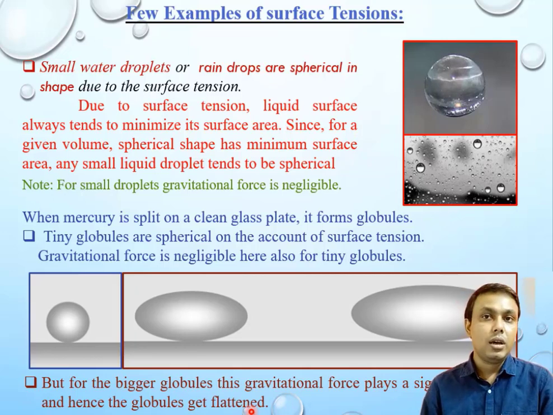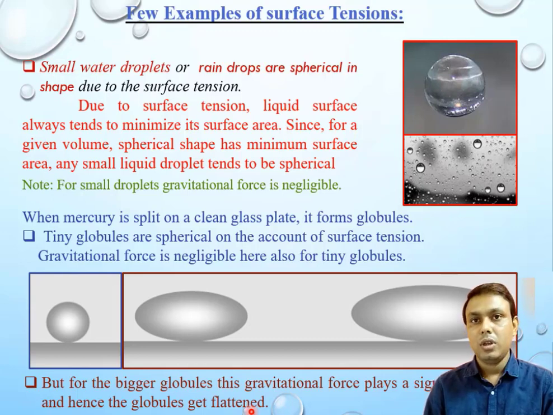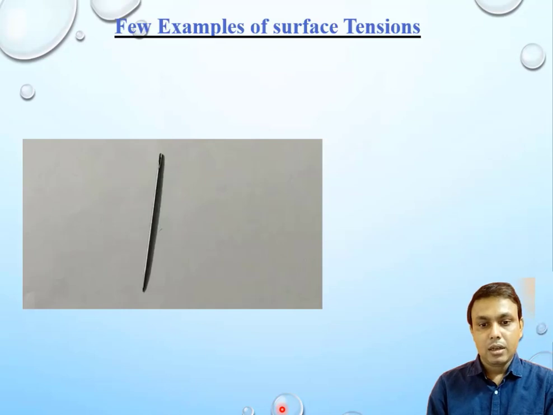So when the gravitational force is negligible, only the surface tension force is the main force. In that case, due to surface tension, any liquid tries to be spherical because for a given volume, a spherical shape has minimum surface area. Next, this is another example. Here you see this video first.